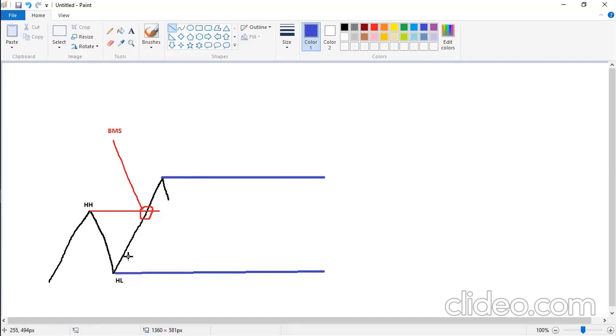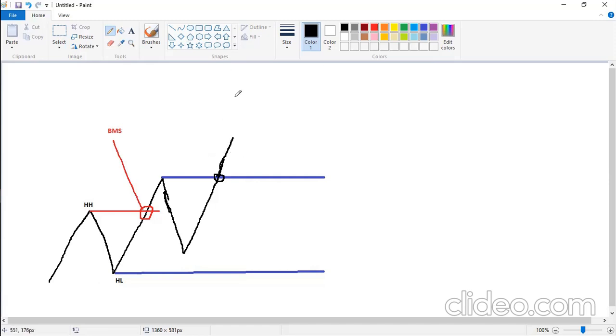Then price comes down to make a new higher low, and here they break market structure. That's the BMS, and they will form a new higher high.